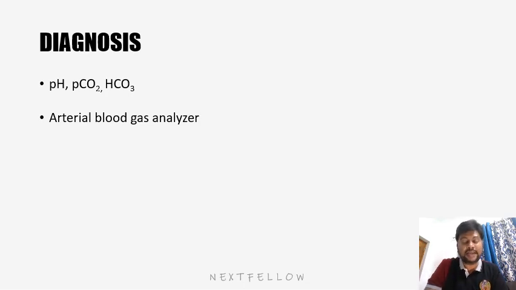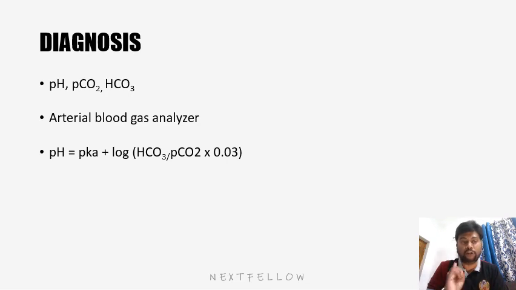If you substitute this pH and PCO2 value in the Henderson-Hasselbalch equation, you can easily get the bicarbonate value. So pH and PCO2 are directly measured by the blood gas analyzer, whereas bicarbonate is calculated by substituting the other two values in the Henderson-Hasselbalch equation.